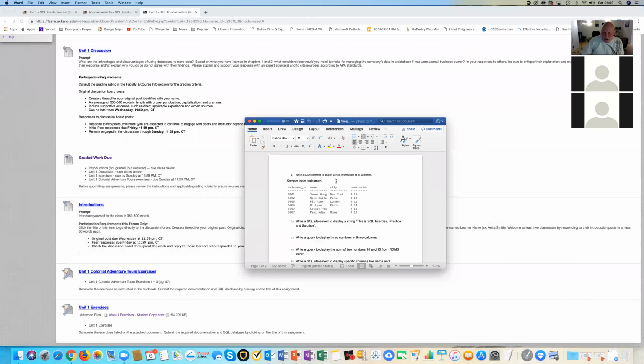So run your code on SQL, zip up your SQL database, post your Word document with your answers to the questions, and submit your database. I will run your database from my SQL environment and check to make sure that you got the code right and the SQL statement is correct.